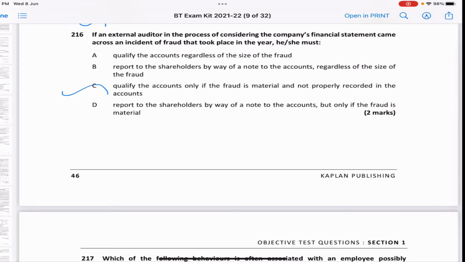So the answer is C. The auditor's primary concern is to establish whether the accounts give a true and fair view. Only if the incident of fraud was material in value and it is not properly rectified in the financial statement would the auditors need to qualify the financial statement.